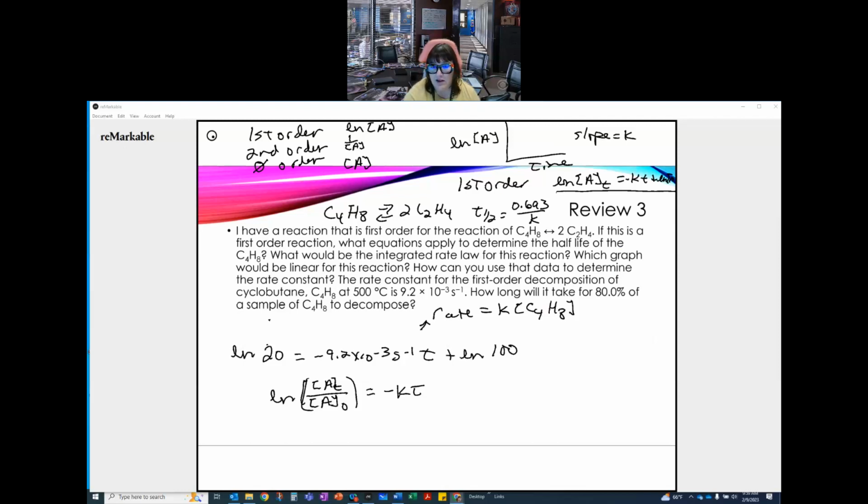So again, what I've said is that at my time 0, it was 100%. I know that I want to know how long it takes for 80% of it to decompose, so that means I have 20% left. And so that's what I'm plugging in here: the natural log of 20 over 100 is equal to negative k, which is 9.2 times 10 to the minus 3 seconds to the minus 1, times t.